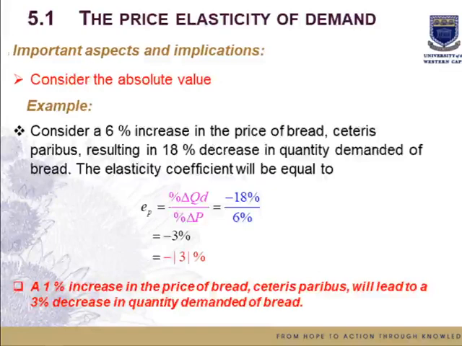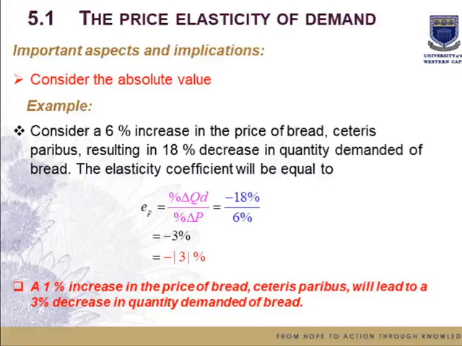Thirdly, the price elasticity of demand coefficient will always yield a negative value, since there is a negative relationship between the price and quantity demanded. In this course, for any interpretation of price elasticity of demand, we will ignore the negative sign and concentrate on the absolute value of the price elasticity of demand, since the negative sign just illustrates the negative relationship between price and quantity demanded.